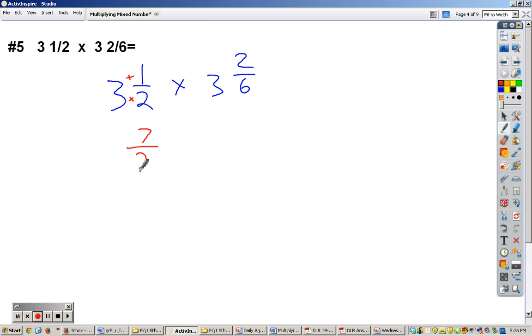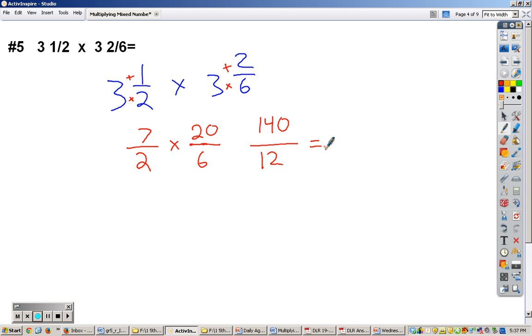We keep the denominator the same. 7/2 times, same thing, 6 times 3 is 18, plus 2 is 20. 7 times 20, 20 times 5 is 100, 2 more is 140. 140 over 12.